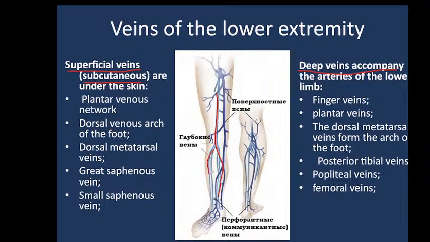But also we have the small... I'm sorry, this is a deep vein. It was my mistake. Here is the great saphenous vein, which comes into the femoral deep vein, and we have the short superficial vein called the small saphenous vein. So there is the great saphenous vein and the small saphenous vein.